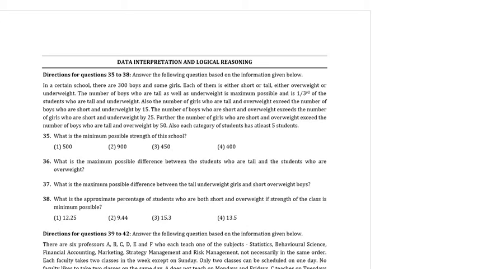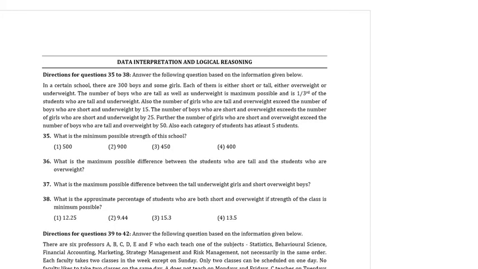The only challenge as far as this set is concerned is that every question asks you for a minimum and maximum value. So that is something that is pretty challenging, because it's not that you know one value and everything can be done very quickly. That is why we kept it as a 4th possibility.